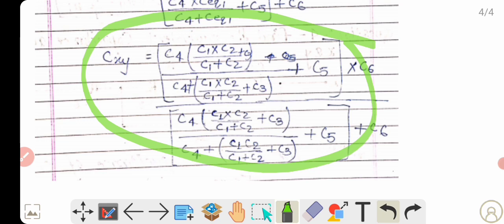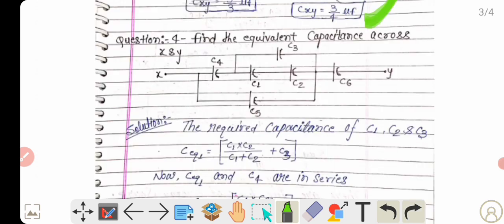Now my dear friends, the basic funda regarding this is to understand the connection. First of all, we have to calculate the equivalent of the combination of C1, C2 and C3. For that, we can see C1 and C2 are in series.